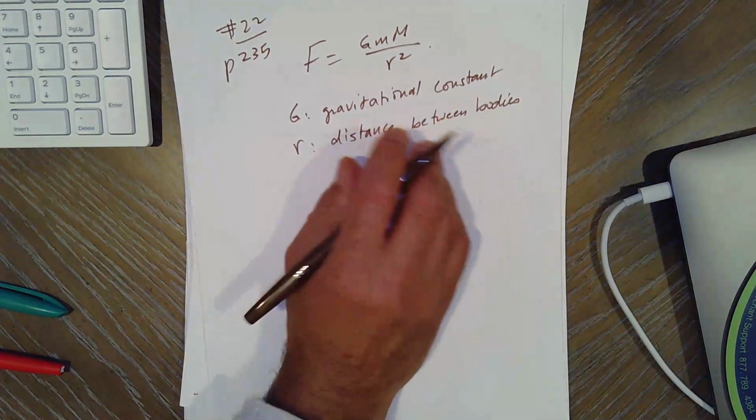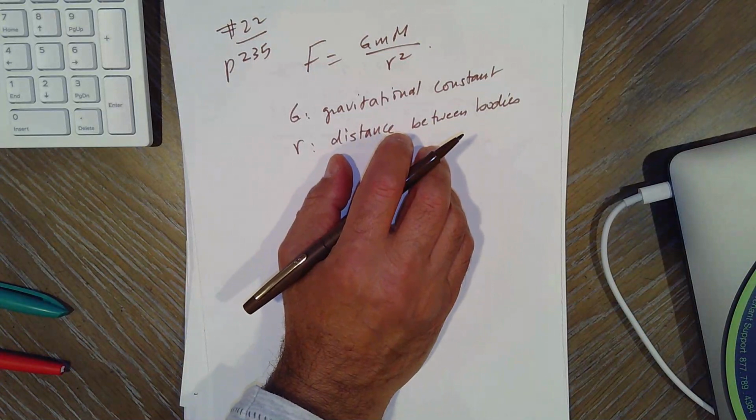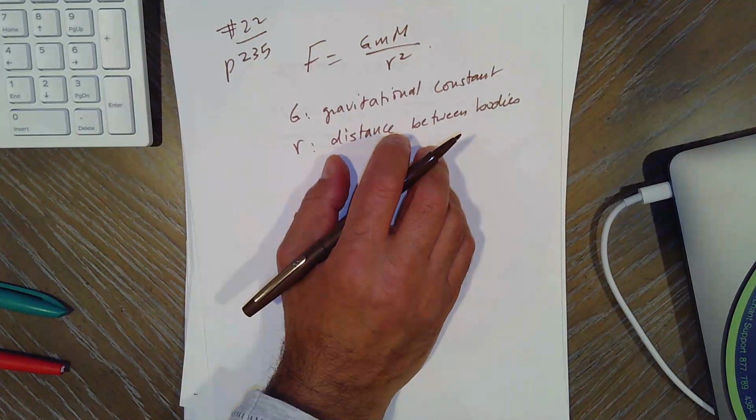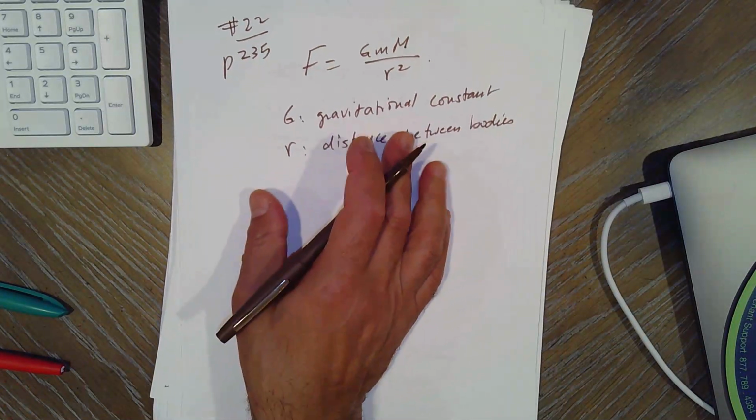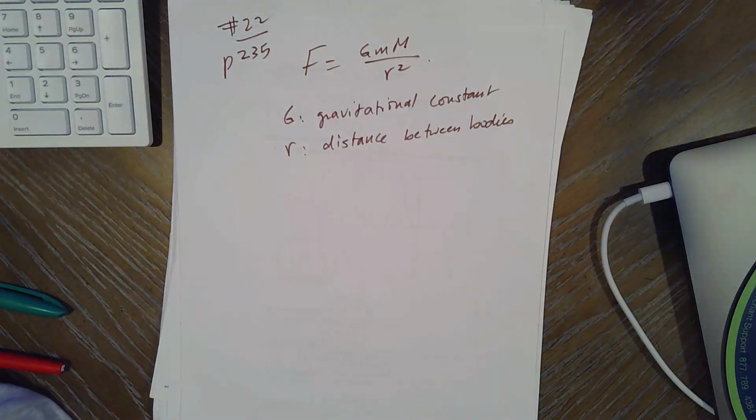And remember, little m is the mass of a body exerting force on big M, which is the mass of the body that's getting acted on. Find dF by dr and explain its meaning. What does the minus sign indicate?